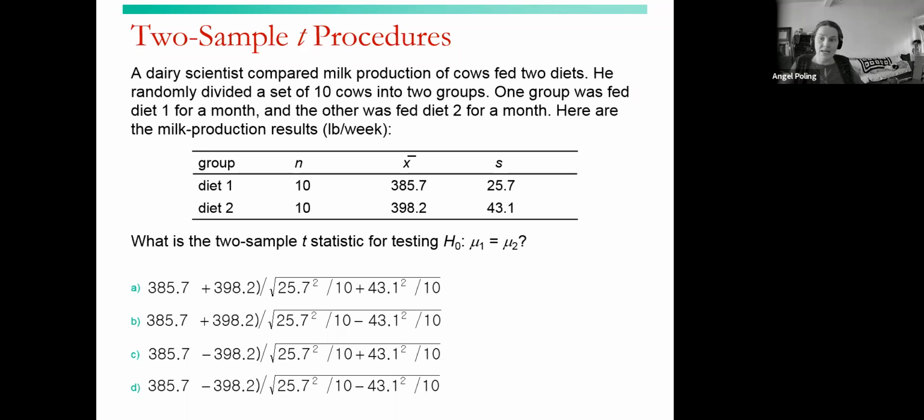The only one that can even possibly be correct has a subtraction in the first set of parentheses, with the first parenthesis missing, but right, we have x bar 1 minus x bar 2, and then divide by the addition of the variances before you take the square root, which gives us the standard error, right?